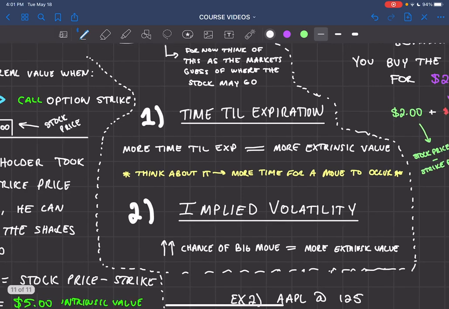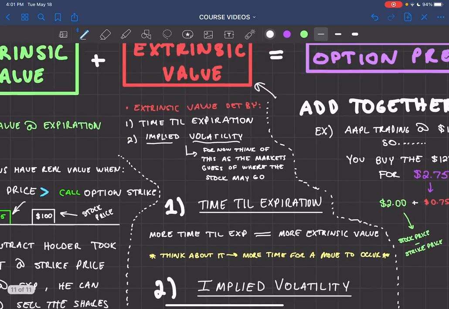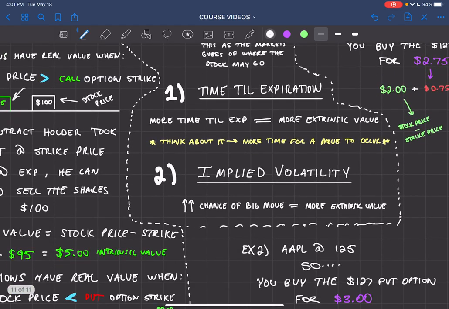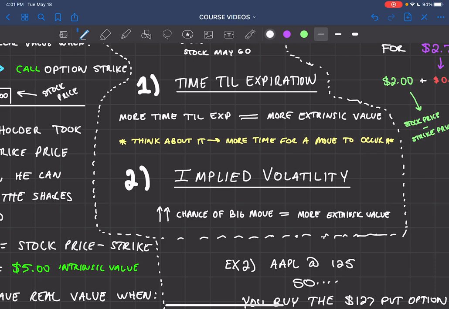So number one, under the extrinsic value category, we have the time till expiration. The more time till expiration, the more extrinsic value an option contract will have. So think about it. There's more time for a move to occur if there's more time till expiration.